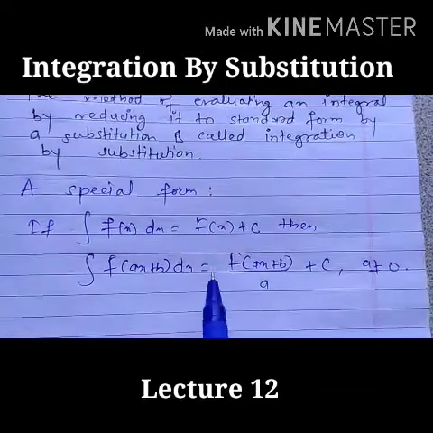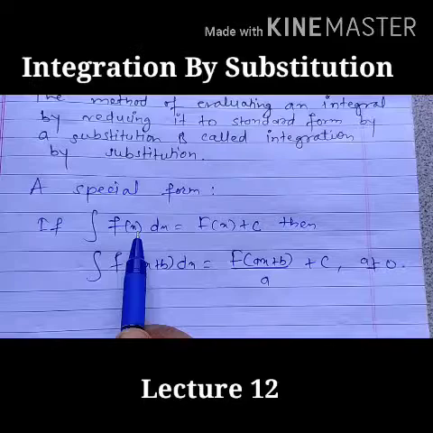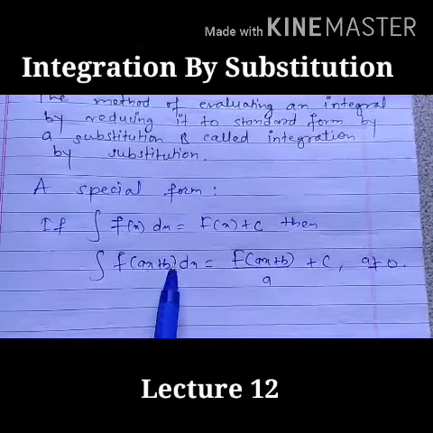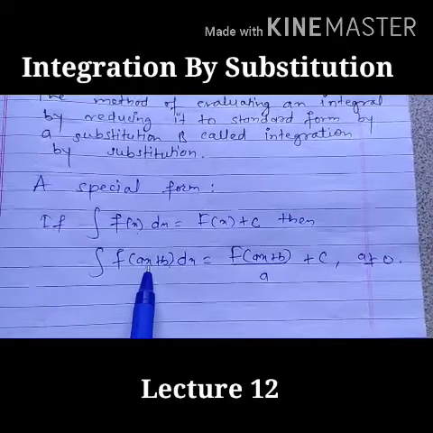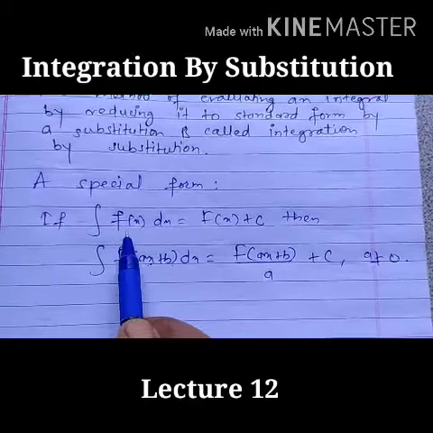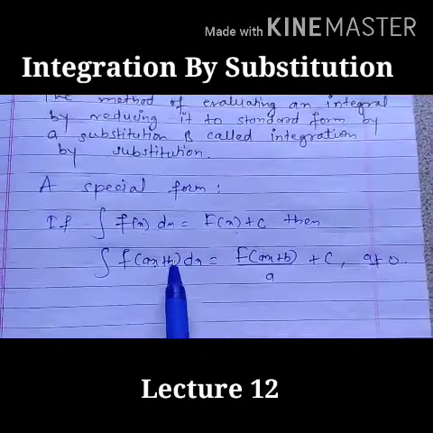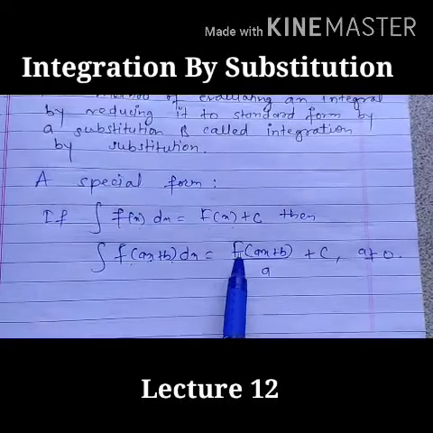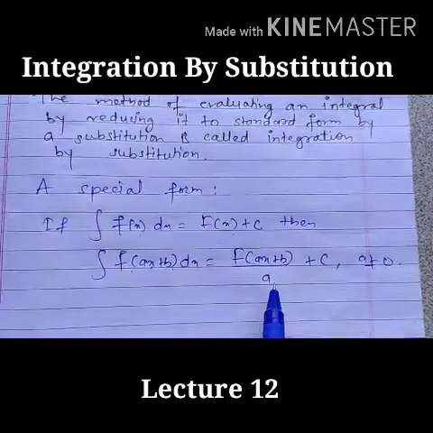Here what we have done is that x is replaced with ax plus b, that is, a linear expression in x. Its integral is capital F of x, so its integral is capital F of ax plus b. Now what is a here?